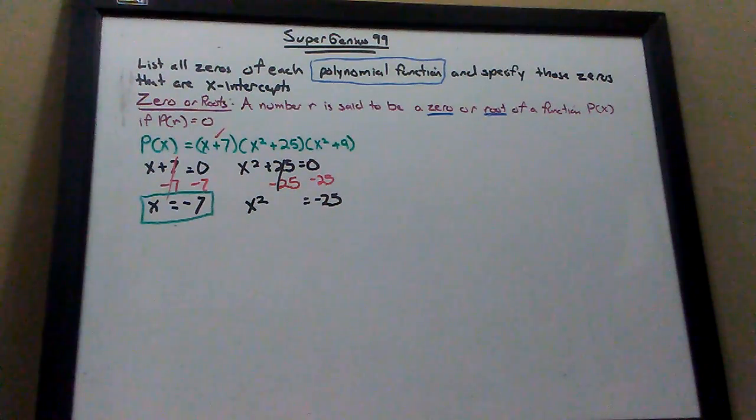Okay. And then solve for x. How do you undo a square? What operation undoes a square? Yes, square root. So get the square root of both sides.